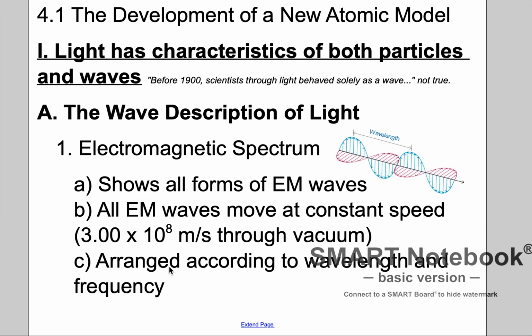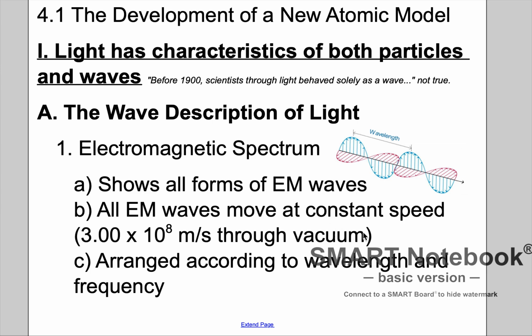Light is part of the electromagnetic spectrum, which is your radio waves, microwaves, infrared, visible light, ultraviolet, X-ray, and gamma rays.